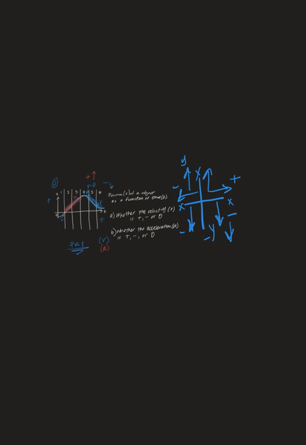We know that velocity is the measurement of slope. So we have delta x over delta t.